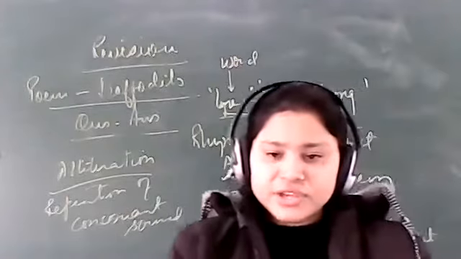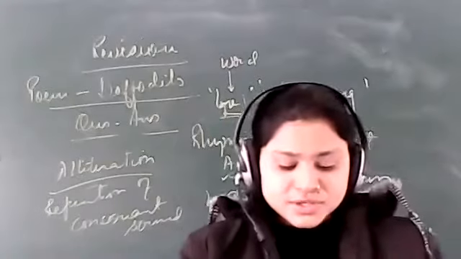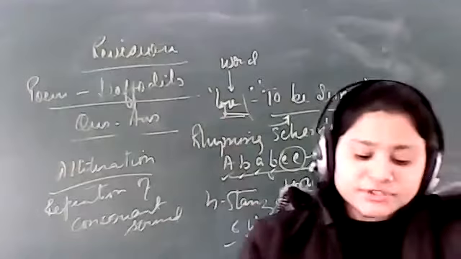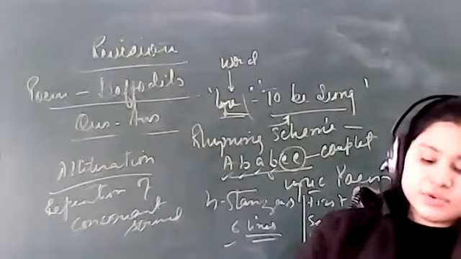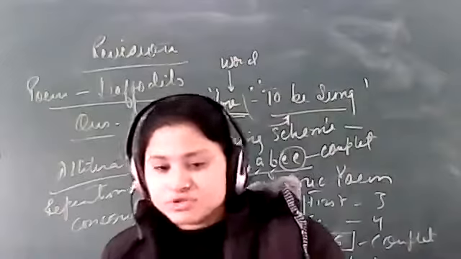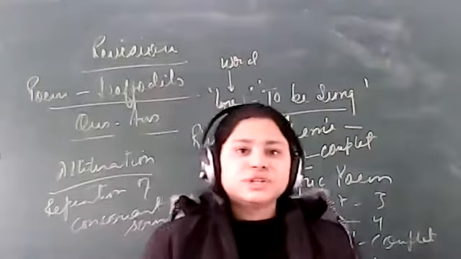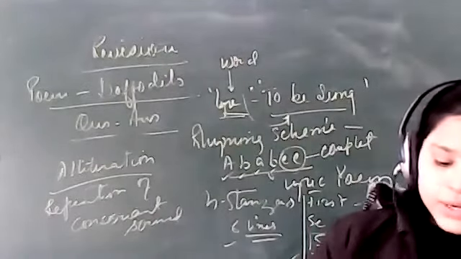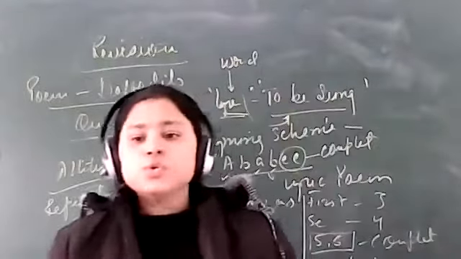Now, next is personification. Many times we have discussed personification in our class. It is a figure of speech in which either an inanimate object or an abstract concept is spoken of as if endowed with human attributes. It means a non-living thing is used to show that there is life. So, a host of golden daffodils. Who is a host?